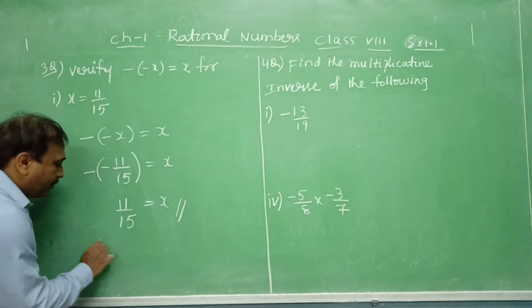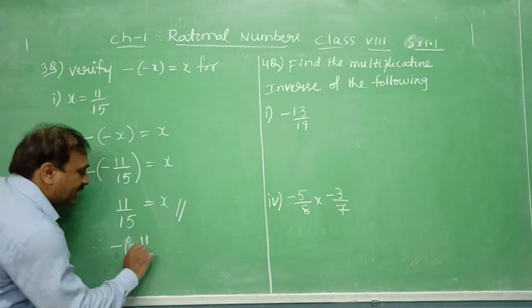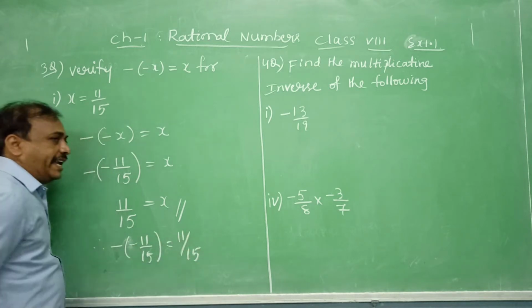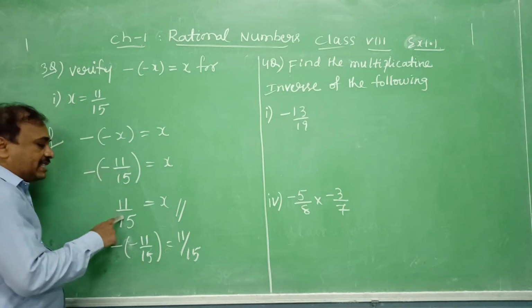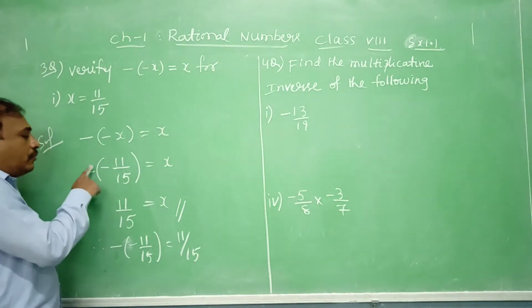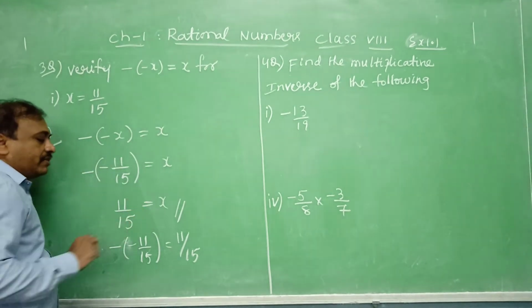So therefore minus of minus 11 by 15 is equal to 11 by 15. Minus into minus is plus, 1 is invisible, 1 elevens are 11 by 15.